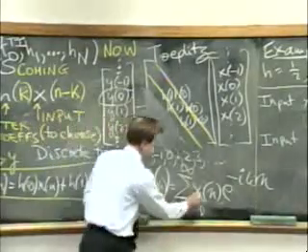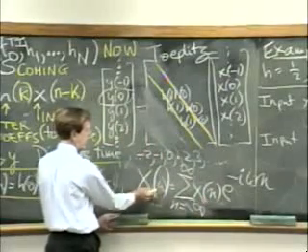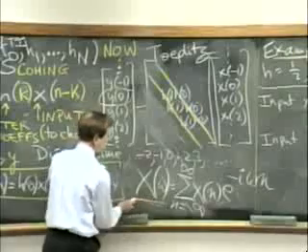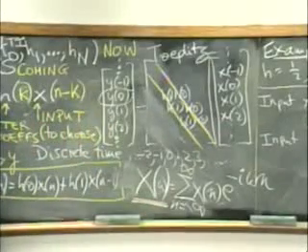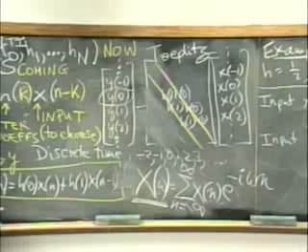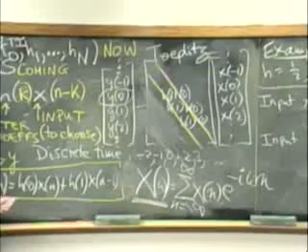I start with a discrete time signal, and what kind of a result have I got here? What kind of an object is this Fourier transform? It's a function. So a function of frequency. And what's the range of frequencies?